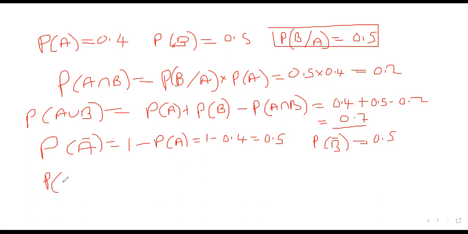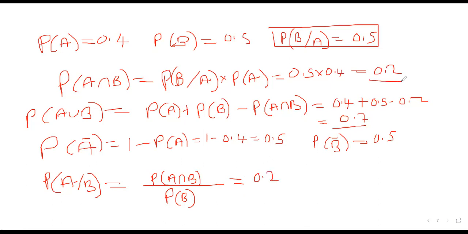Who can help us find the probability of A given B? What's the formula for A given B? Which letter goes down? B. And what do we have on top? A intersection B. And what was our A intersection B? 0.2.